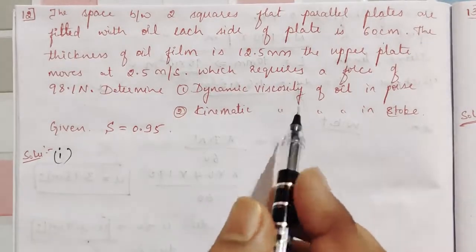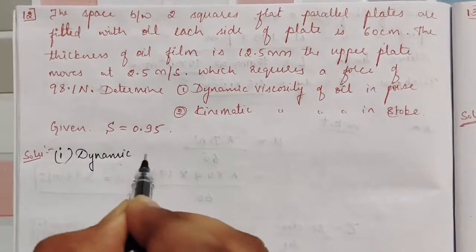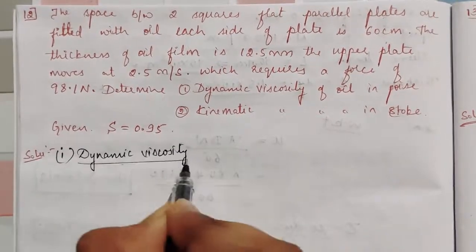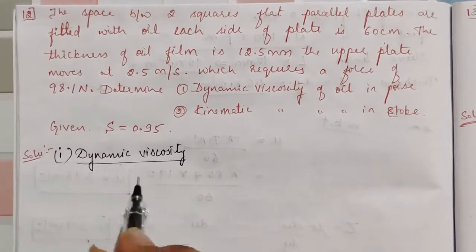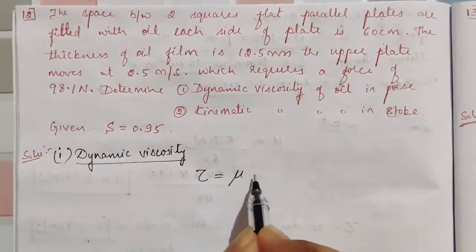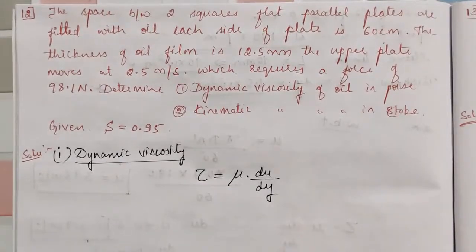What I want first is the dynamic viscosity. I'll solve for dynamic viscosity. Now what formula do we know? Tau is equal to dynamic viscosity into du by dy.